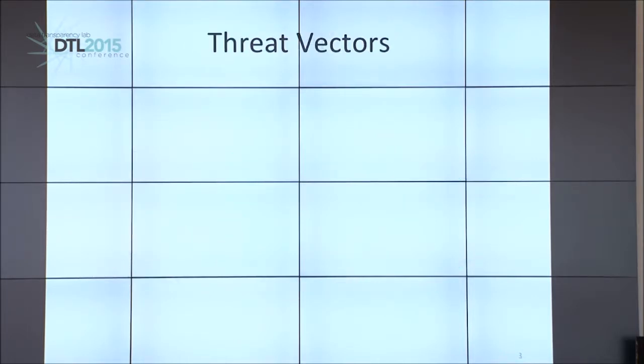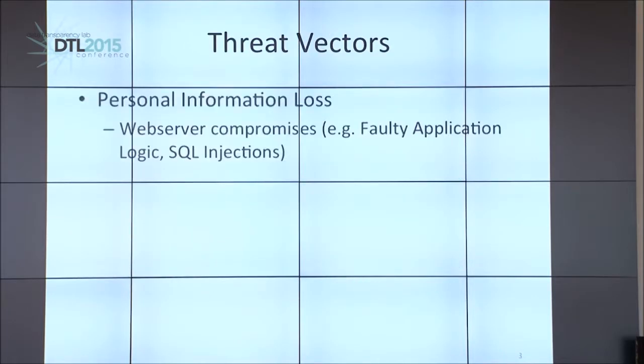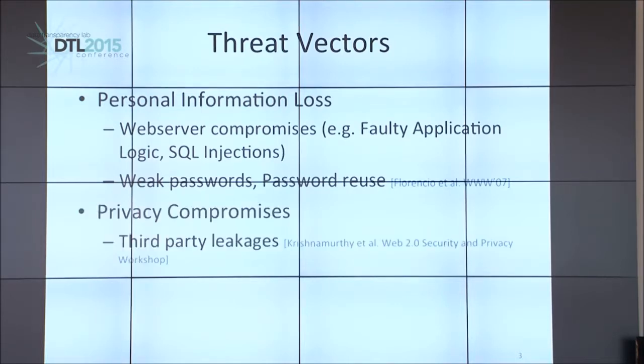So before moving ahead, let me quickly summarize what the threat vectors are here. First of all, whenever a user shares some information on a web server, and if the server gets compromised, all that information can be downloaded from the database, and the hacker has control over it. Worse, due to password reuse, other accounts of the same user can also be compromised, and overall identity theft can occur.